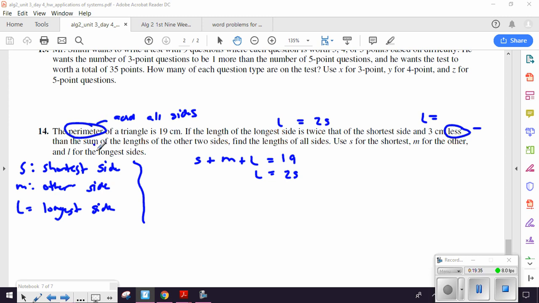So the sum of S and M. So to write it out, L is, and we got to find the sum of S and M. So S plus M. Find that sum first, and then subtract 3. So 3 less than the sum of those two. Okay, so that's our system of equations. And then we are done for this tutorial.